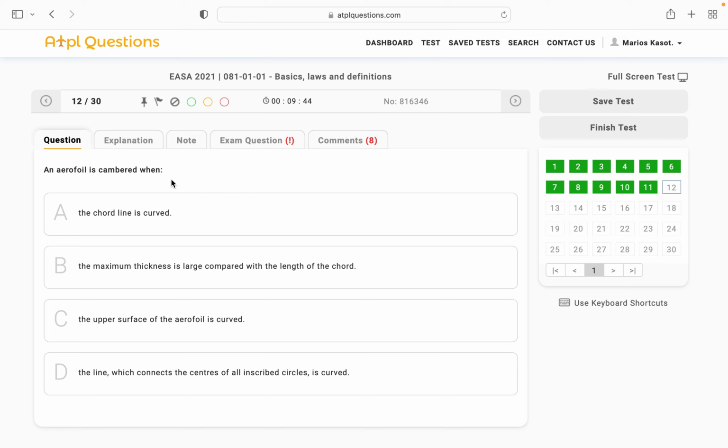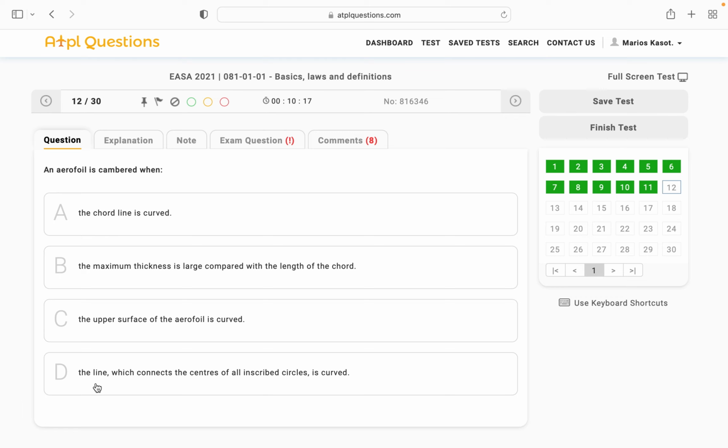An aerofoil is cambered when the chord line is curved, the chord line is never curved. The maximum thickness is large compared with the length of the chord, the upper surface of the aerofoil is curved, and the line which connects the centers of all inscribed circles is curved. Don't get confused by that, because we have positive cambered aerofoils and negative cambered aerofoils, so don't be betrayed.